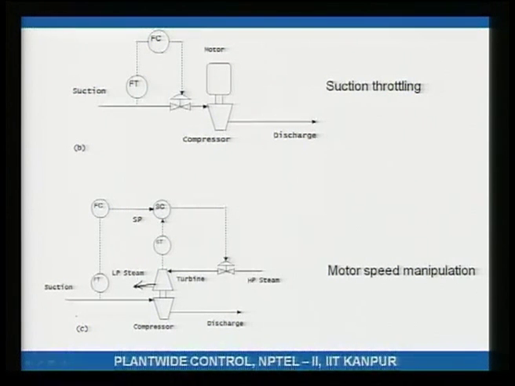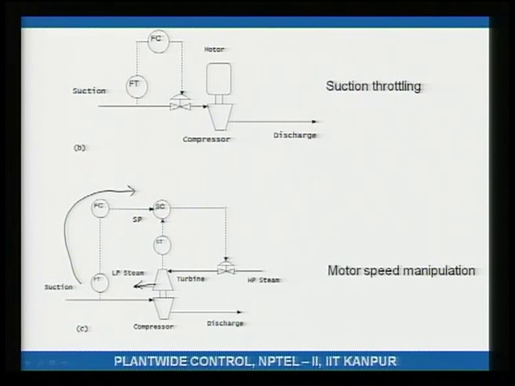What is being shown here is a cascade arrangement. I have a master flow controller, which is this guy. This is setting the set point of the turbine speed controller. How does this work?